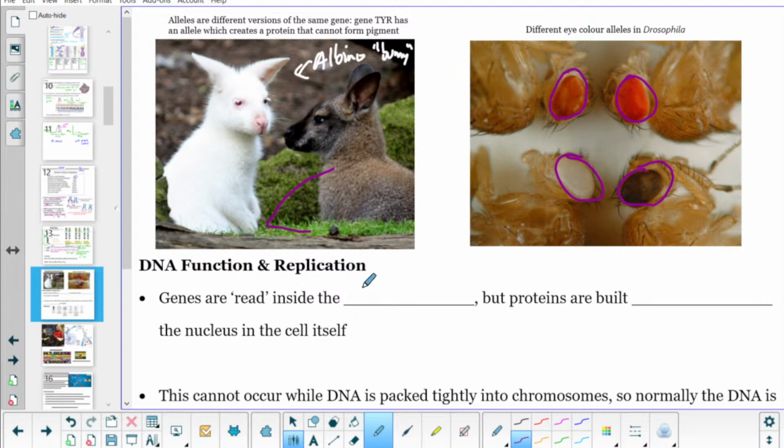Genes are read inside what organelle, which has all the genes? Nucleus. But where are proteins built? Aren't they built in the ribosomes? In ribosomes outside the nucleus.